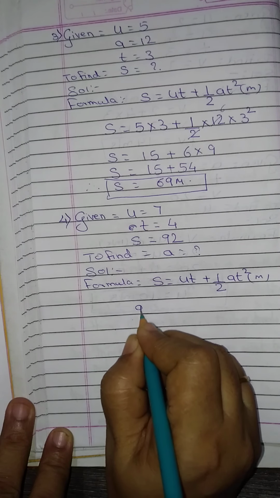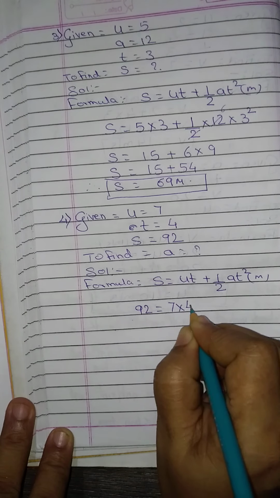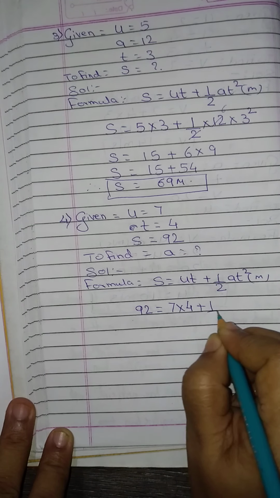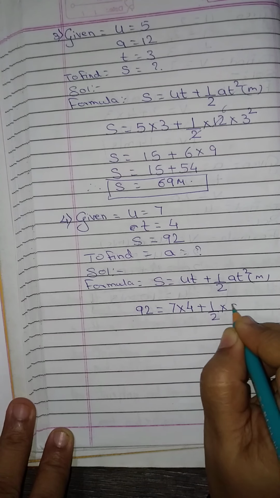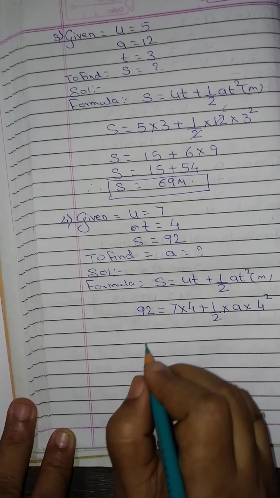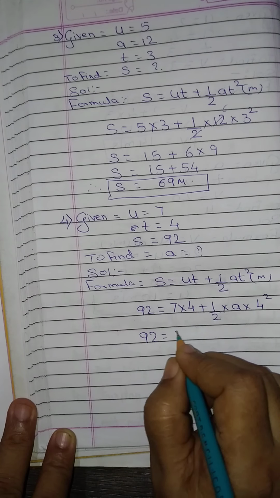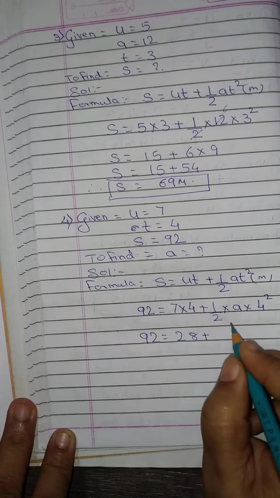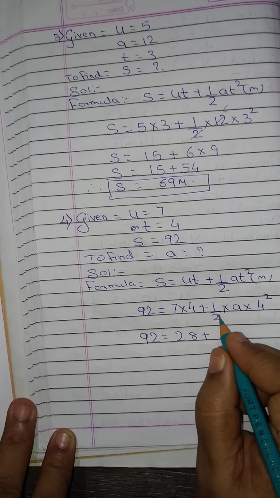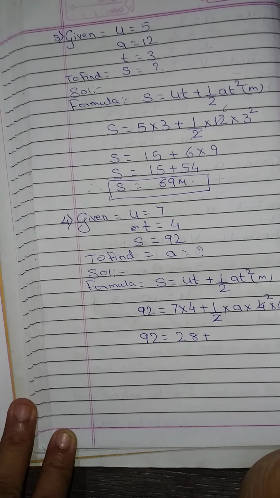S 92, U 7, time 4, plus half into acceleration, we don't know, time it's 4 square. Got it? Now 92 is equal to 7 4s are 28 plus, here we can do the cancellation, 2 2s are 4.